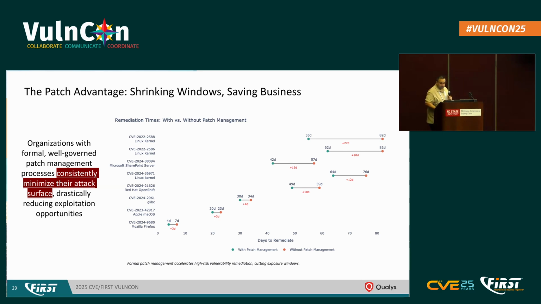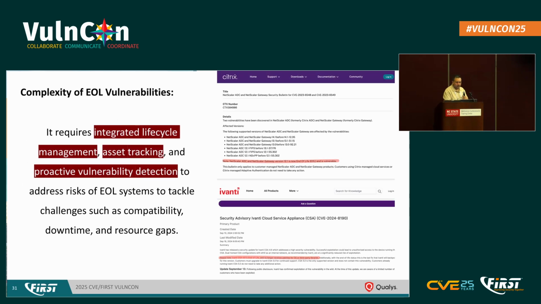I want to also mention, part of the chat we just had, that sometimes it's not realistic to patch it, right? And that's true, and that's part of the complications that we are seeing. These two advisories, the Citrix one and the Ivanti one, are both part of a CISA KEV.